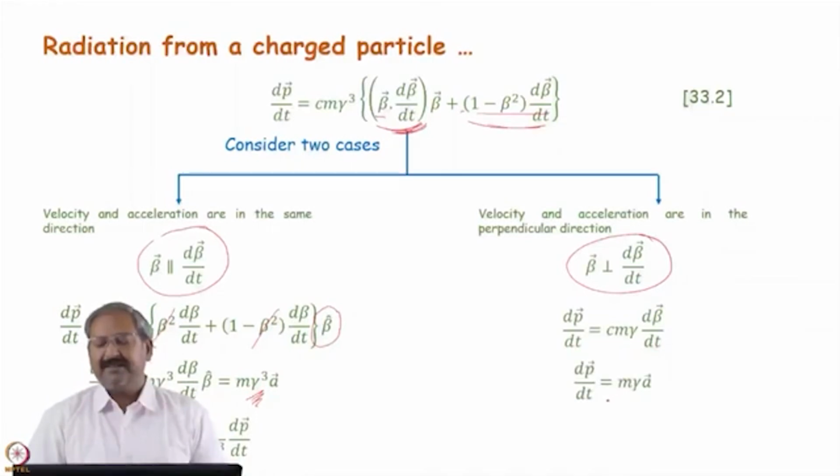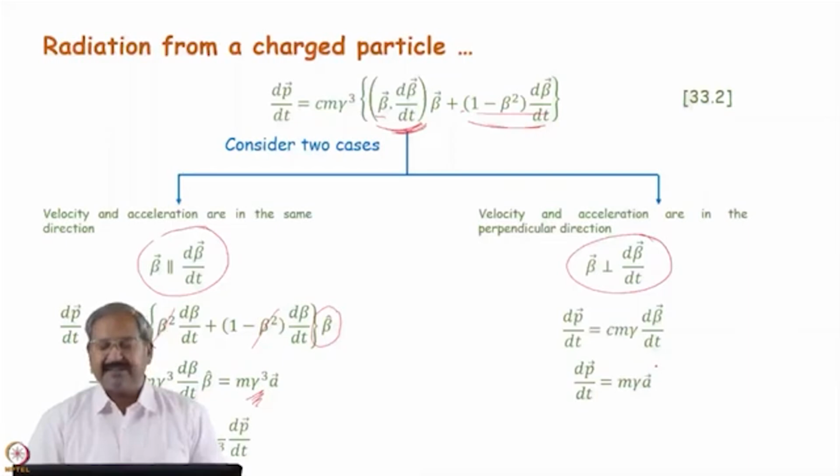And here you can see, if you again put d beta by dt as dv by dt into 1 by c, this c and c will be cancelled out, and you get dp by dt is equal to m gamma a. This shows that we used the formula of acceleration correctly, by multiplying just by gamma when acceleration was in the perpendicular direction to the velocity.